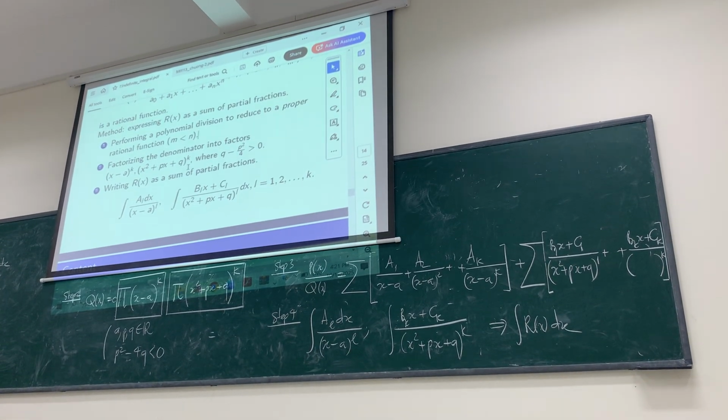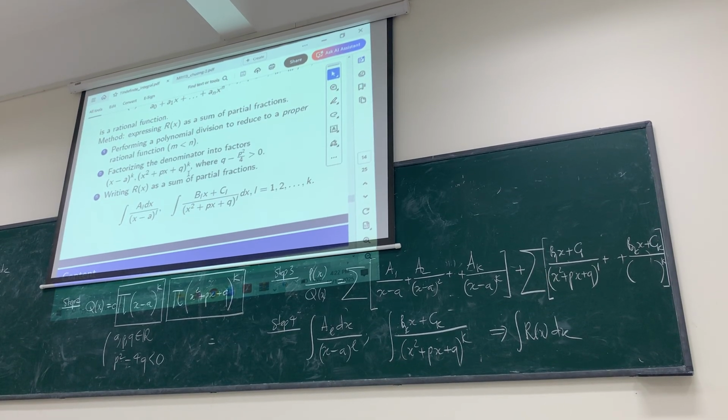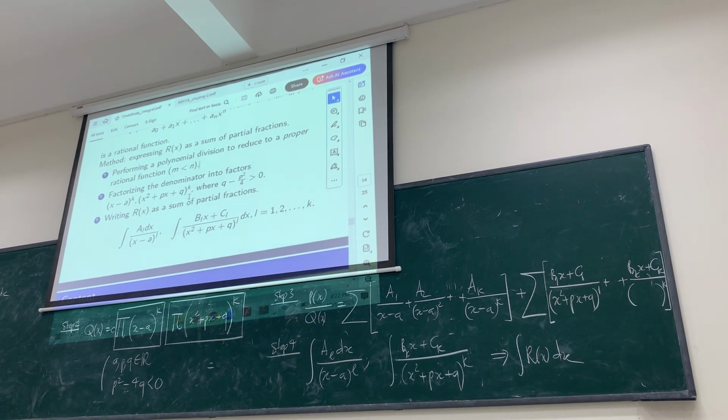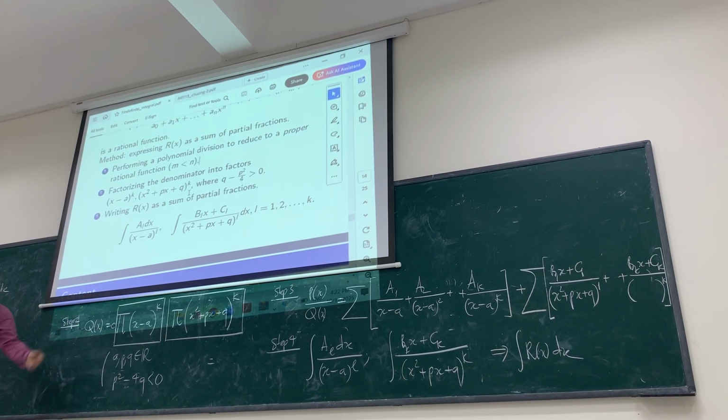Now we want to evaluate the integral. Please follow the steps here.